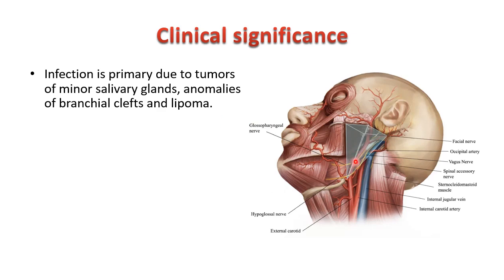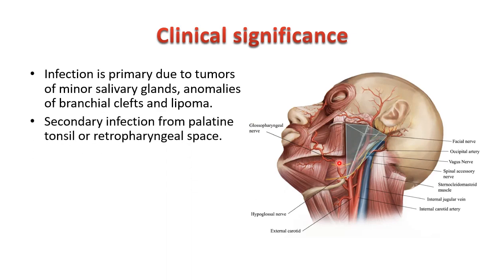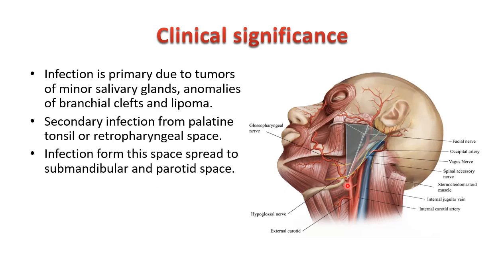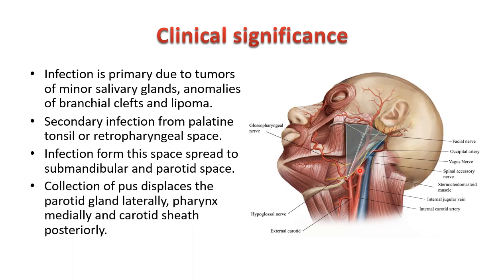Secondary infections, as I told you, come from the palatine tonsil or from the retropharyngeal space, because this communicates to the retropharyngeal space posteromedially. From here, infections can go to the submandibular space and also to the parotid space above. So that is about the parapharyngeal space, or the lateral pharyngeal space.